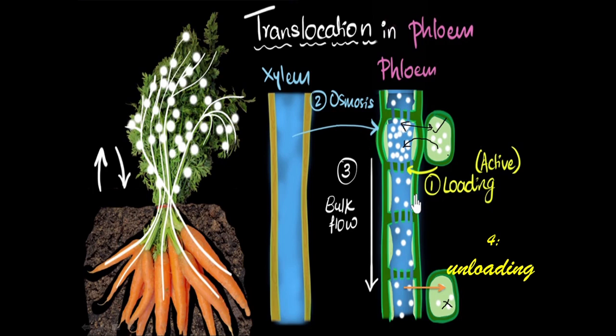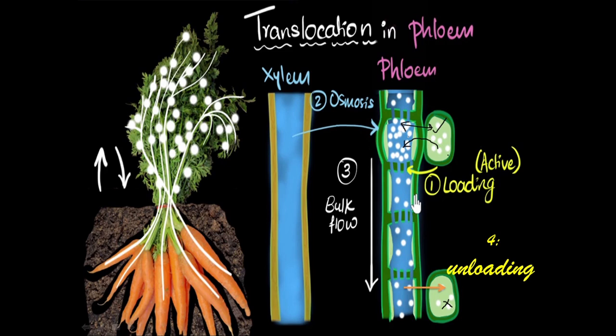So until then the transportation is happening. Once active transport is happening, that is, food is moving from this region into the phloem, the phloem now has enough food molecules. Now the concentration in the phloem has increased.